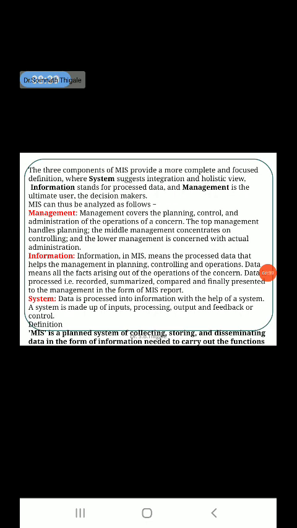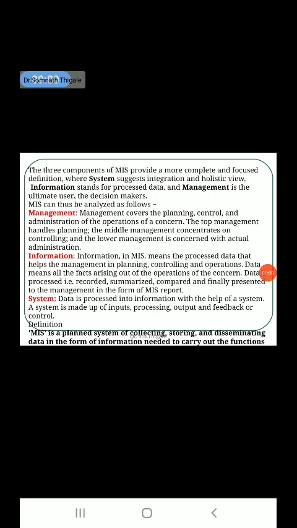And system is nothing but the data being processed into information with the help of a system. A system is made up of inputs, processing, outputs and feedback for control. A system is where all the people come together based on some information, based on some data.